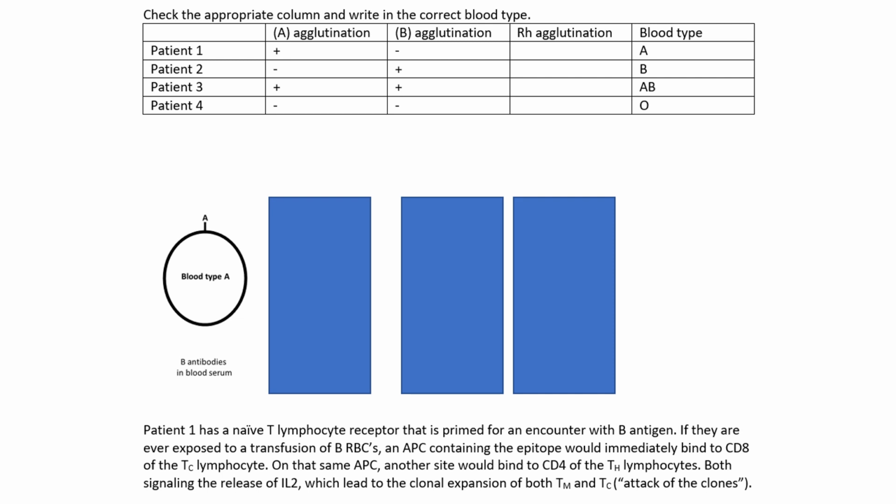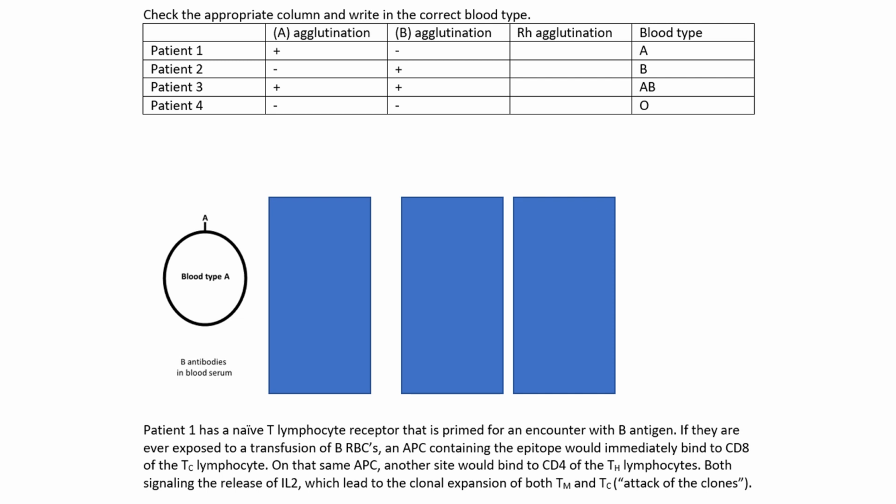At the same time, remember that antigen presenting cell can have two hands. So that same antigen presenting cell can present that specific epitope on another site, such as CD4. Now, if it's CD4, then that's going to bind to the T helper lymphocyte.